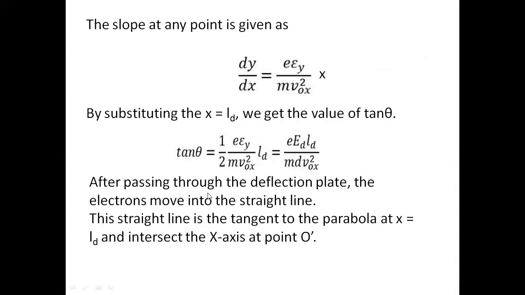After passing through the deflection plate, the electrons move in a straight line. Once these electrons come out of the deflection plates, they travel in the same direction, in a straight line, and this straight line is the tangent to the parabola at x equal to LD, and it intersects the x-axis at point O. So we are saying that the straight line is the tangent to the parabola.